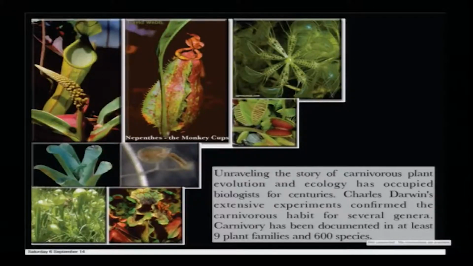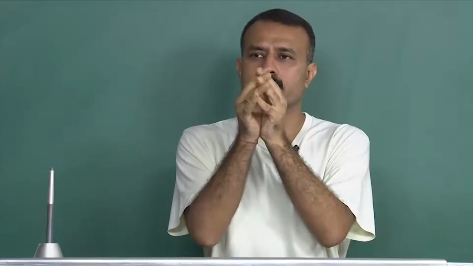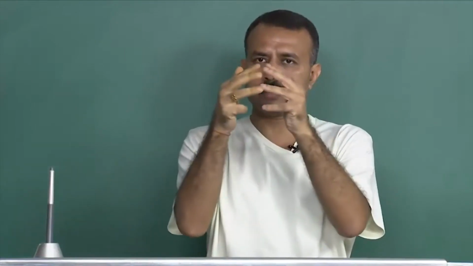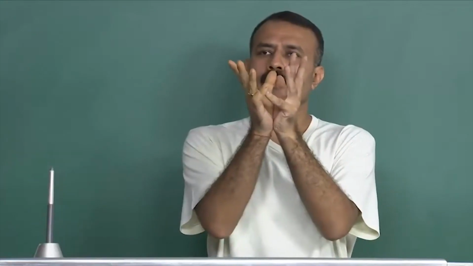Similarly, in between, there is a small picture where you will see some pointed structures between the 2 leaf flaps, as if there are spines like this. So, this is a different kind of structure.